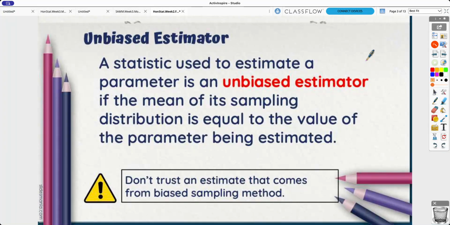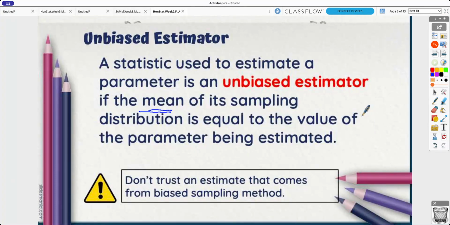How would we know if the sample statistic is an unbiased estimator of a population parameter? A statistic used to estimate a parameter is an unbiased estimator if the mean of the sampling distribution is equal to the value of the parameter being estimated.